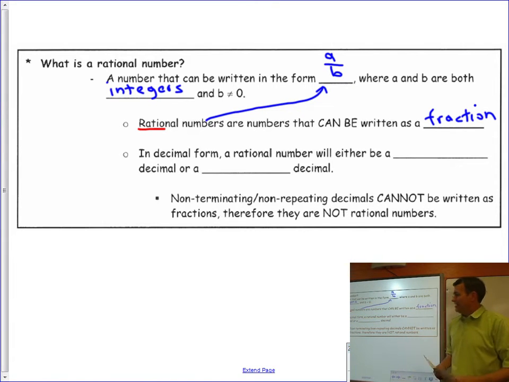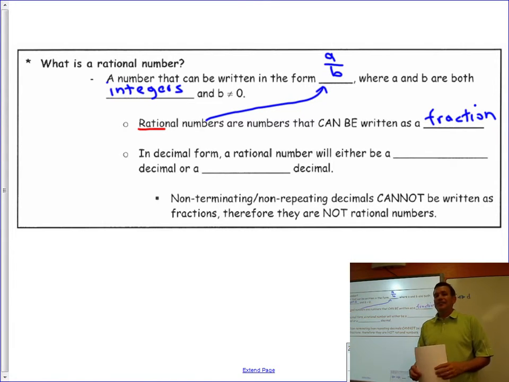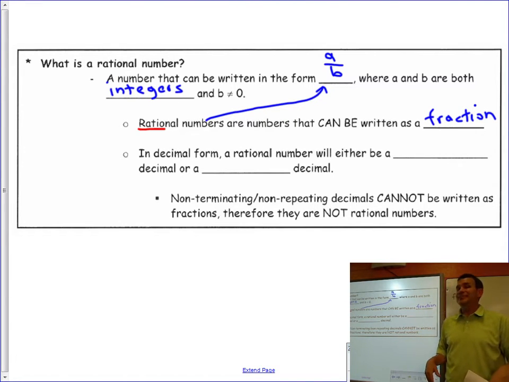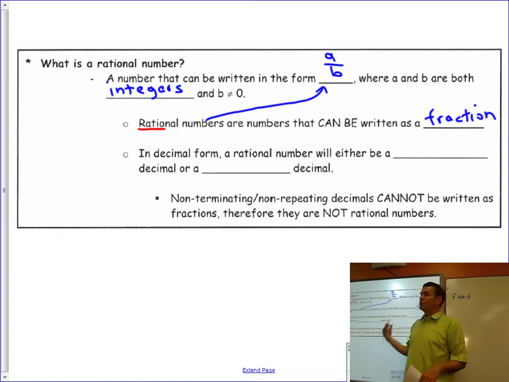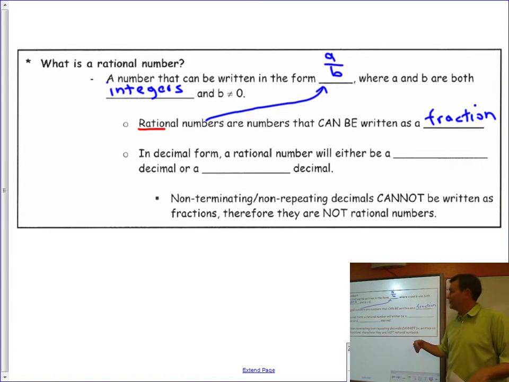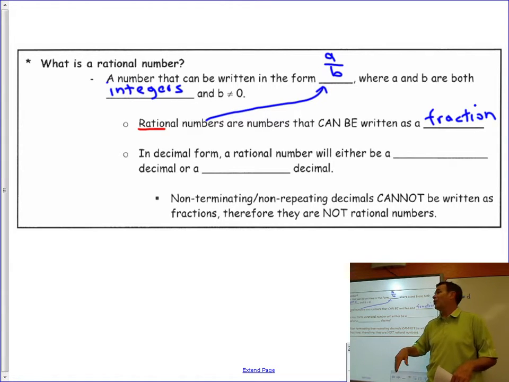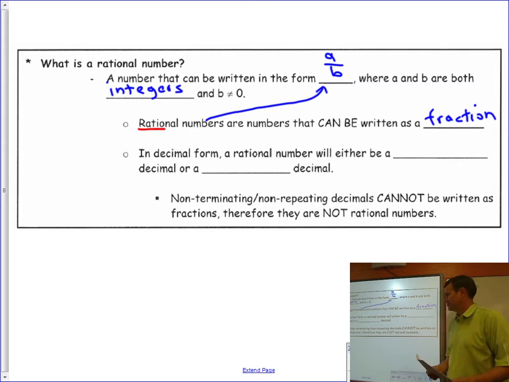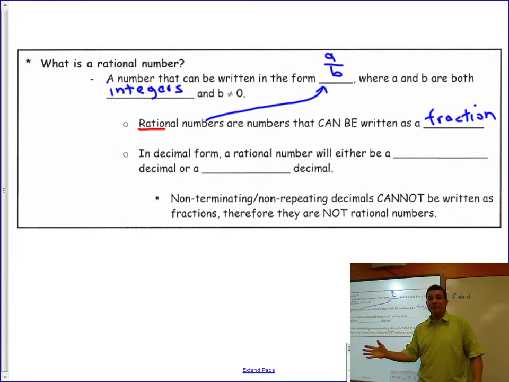Maybe in the past you've done something called ratios. That's all a ratio is, a fraction, and that's where rational numbers come from. They're numbers that can be written as ratios or fractions. So, as we went over yesterday, there are two types of decimals that can be written as fractions.